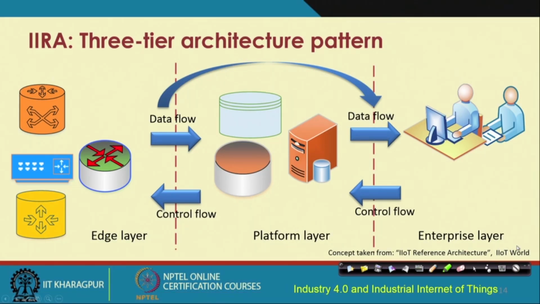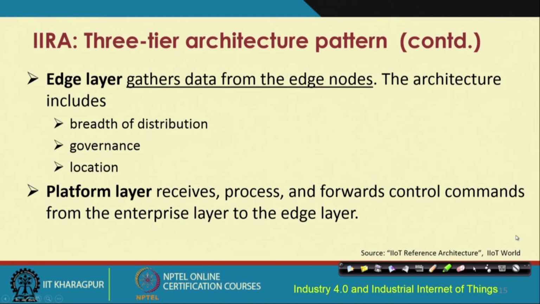Let us go through the different components of this 3-tier architecture pattern in more detail. The edge layer gathers the data from the edge nodes. The architecture includes the breadth of distribution, governance and location of the data, meaning where the data are coming from in these individual devices.